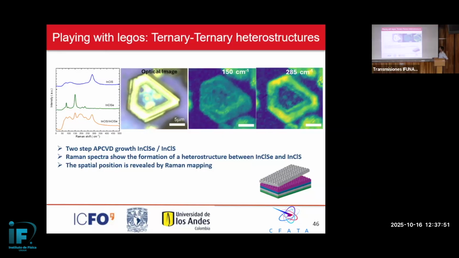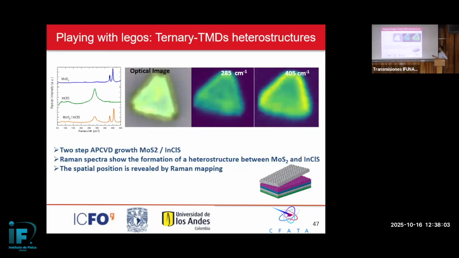So these are ternary heterostructures, but what was also very interesting to me is that now we can play with what we knew before, transition metal dichalcogenides. We can take MoS2 and indium chlorine sulfide and combine them in a ternary and TMD heterostructure. I haven't seen these structures before, so we are in a very exciting time to study all the properties of this material.